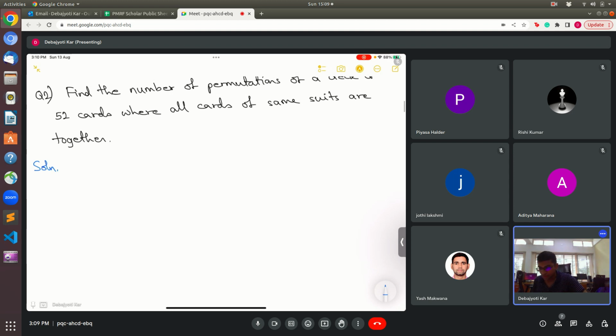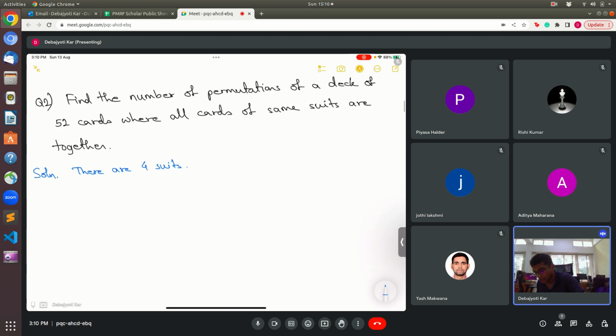So as I said, there are 4 suits. All cards belonging to a single suit have to be placed side by side, and for now we are not worried about the order inside the suits, but the first condition is that all cards of the same suit have to be together.